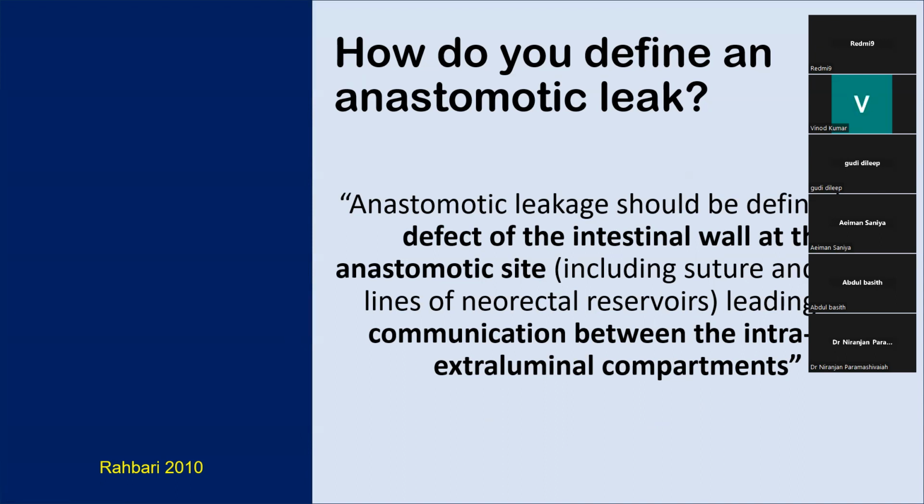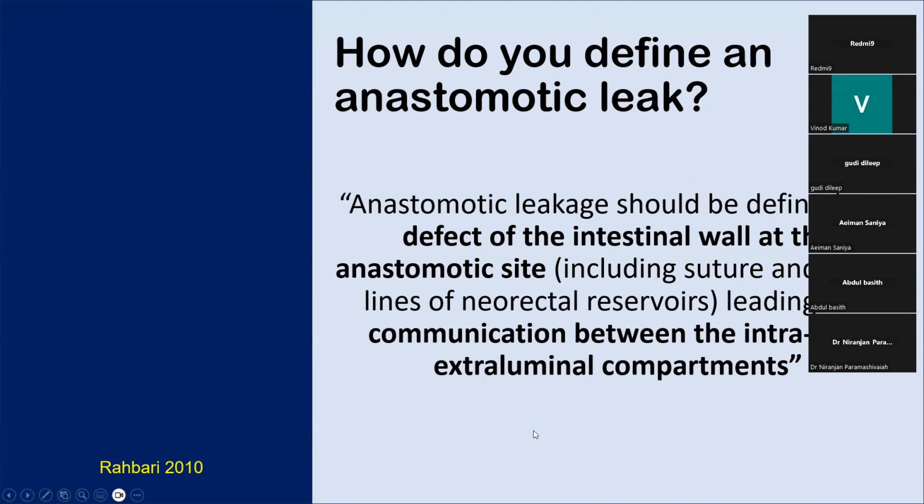But we must understand that most of our knowledge of anastomotic leaks in the GI tract has actually come from the colonic anastomosis, even though we have esophageal, biliary, pancreatic, gastric, jejunal, ileal, and colonic and rectal anastomosis. All these are the ones that most GI surgeons deal with.